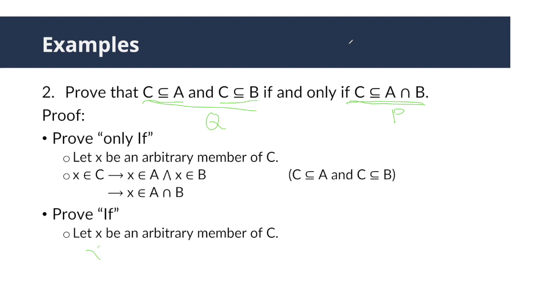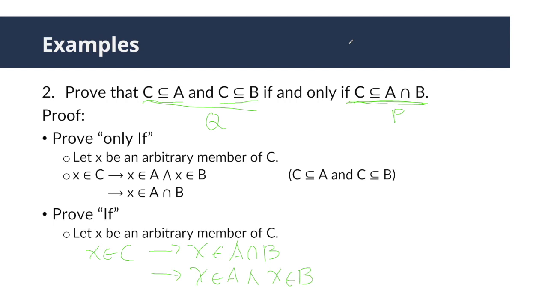And then, since X is in C, by our hypothesis that C is a subset of A intersect B, therefore X is an element of A intersect B as well. And next, by the definition of intersection, we know that X is an element of A and X is in B. Okay?